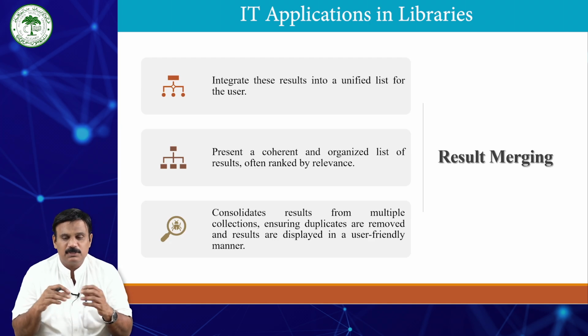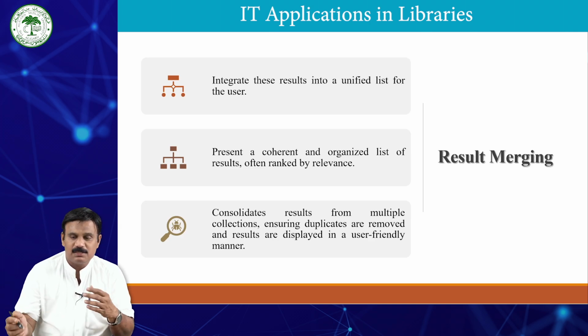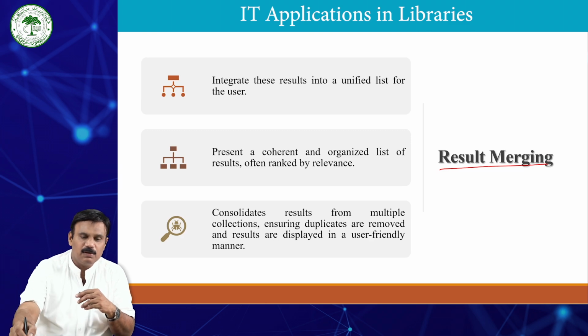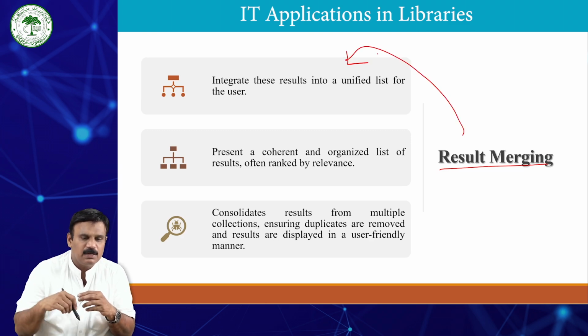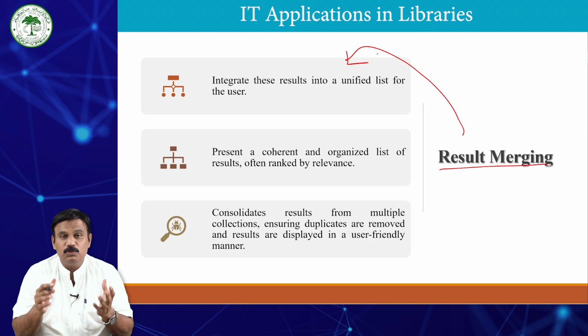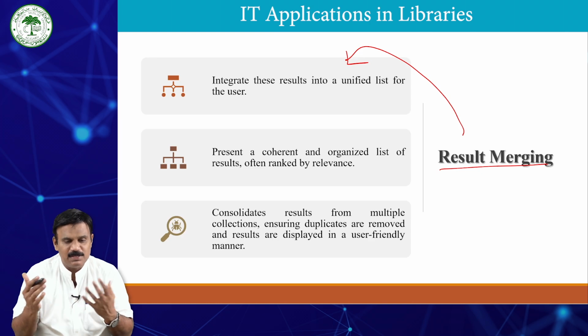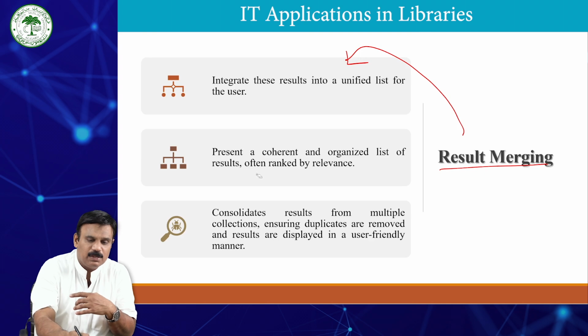The fourth stage is result merging. Here we integrate the results into a unified list for the users and present a coherent and organized list of results, often ranked according to relevance.